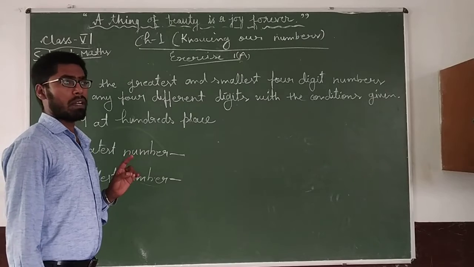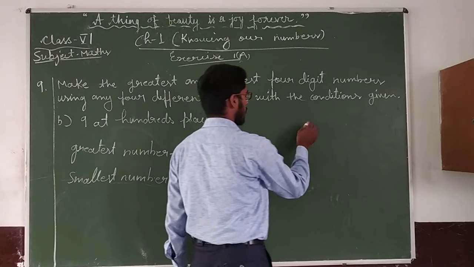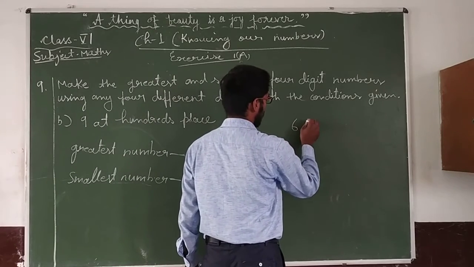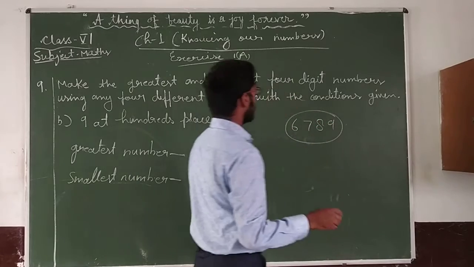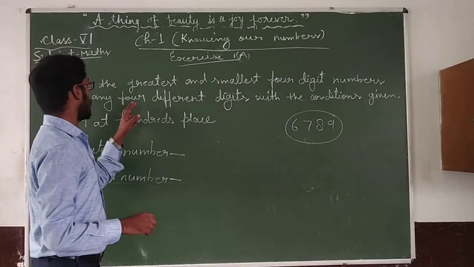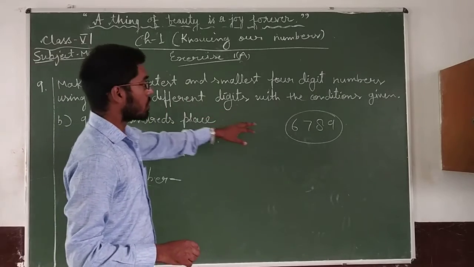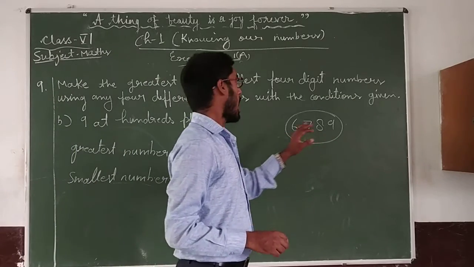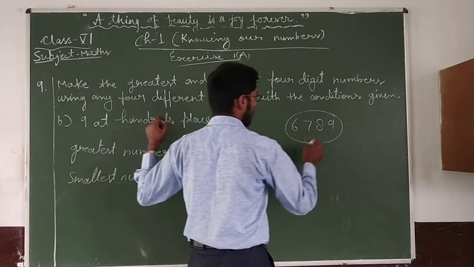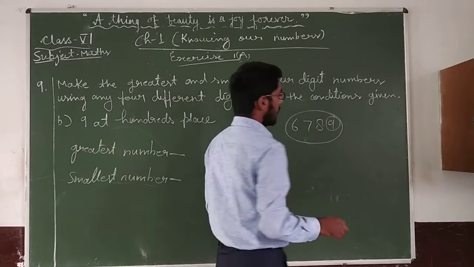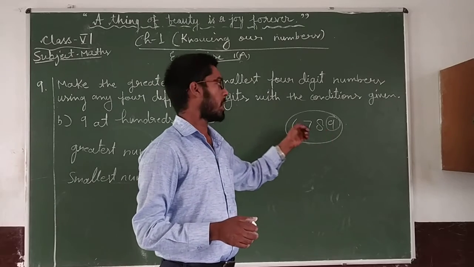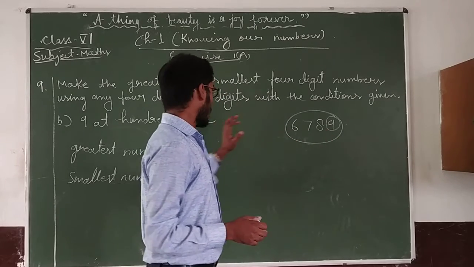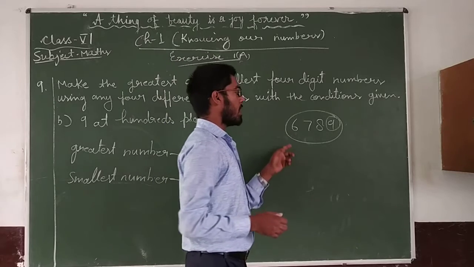So the greatest number can be written by using 6, 7, 8, 9. Only these 4 digits, because you are writing only a 4-digit number with 4 different digits. So 9 is compulsory. Then how many greatest digits are remaining? 7, 6, 8 after 9. And the condition is here, 9 should be at the place of 100.